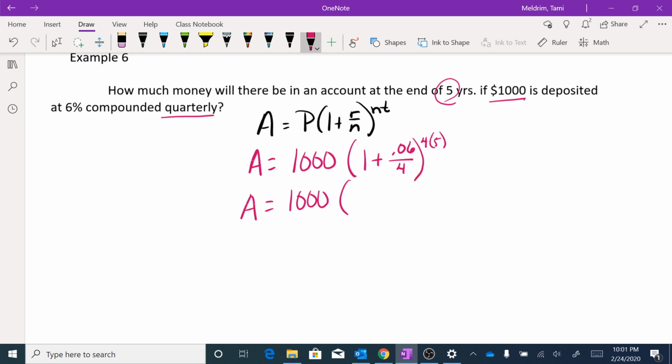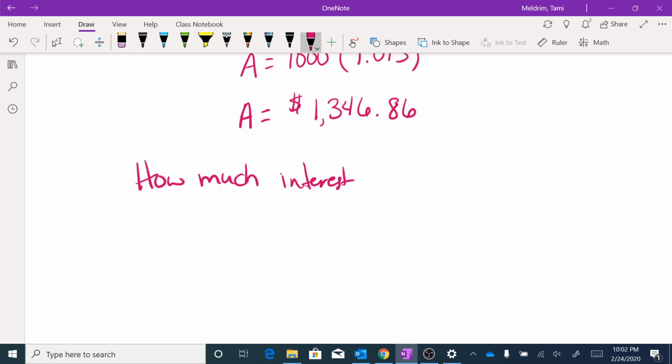But what if they asked you how much interest will be earned in 5 years? Okay, what if they ask you how much interest will be earned in the 5 years? So how would you find that?